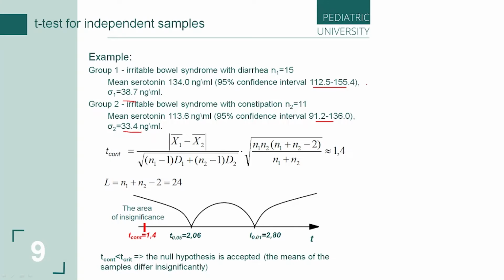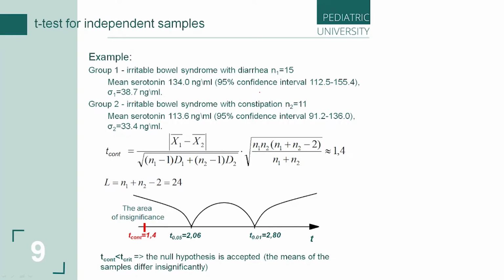For example, the right part of group 2 overlaps the left part of group 1. So, at first glance the sample mean values differ quite a lot, but given the overlap in the confidence intervals, most likely the difference will not be significant.